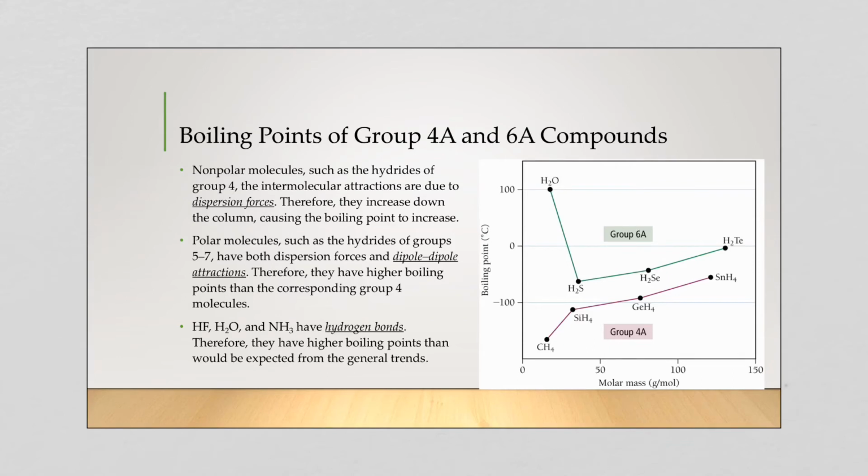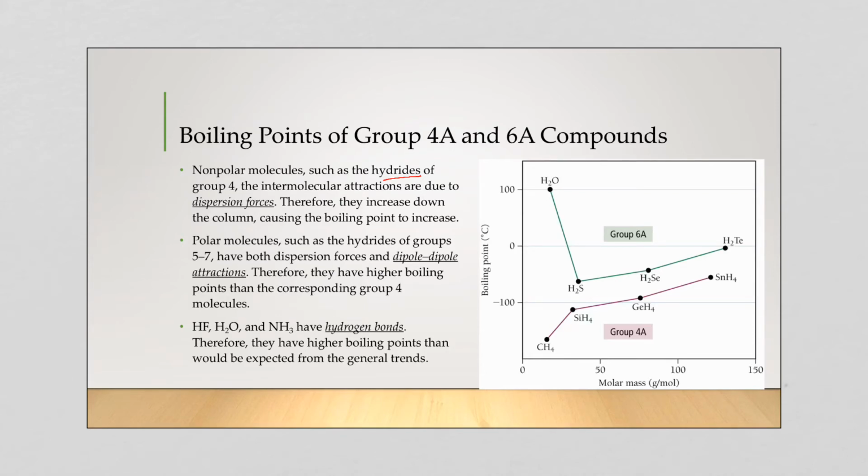Here we're going to be comparing the molecules of the group 4 elements with hydrogen and the group 6 elements with hydrogen. It's what we call the hydrides of group 4 and group 6. Now, if you look at group 4, these are going to be these down here where we have CH4, SiH4, GeH4, SnH4.